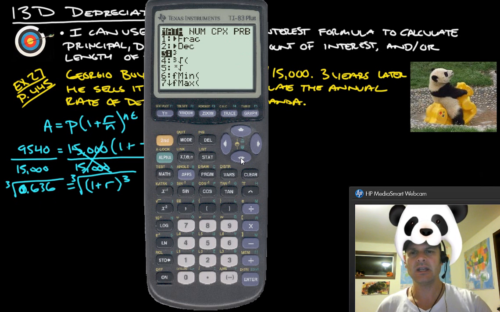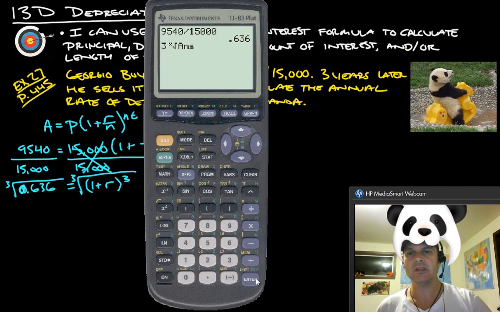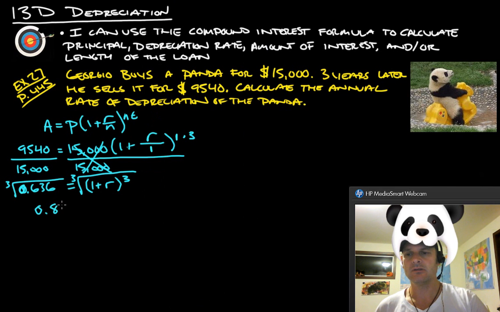And again, we can actually use this one originally because that's cube root, but I already put the 3 in there, so I'll just do this. Third root of our answer, we get 0.85997. That's really close to 0.86. So 0.86 equals 1 plus r, right?